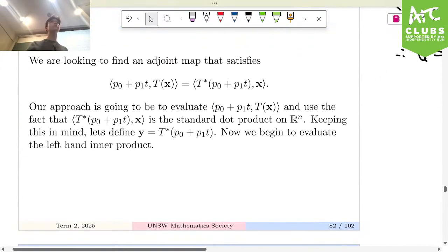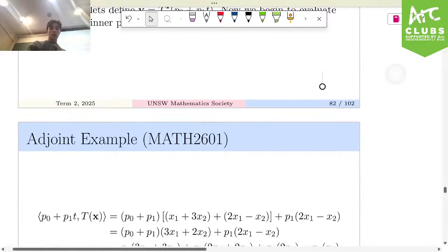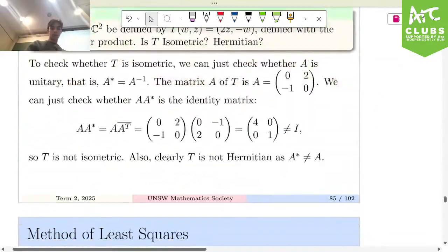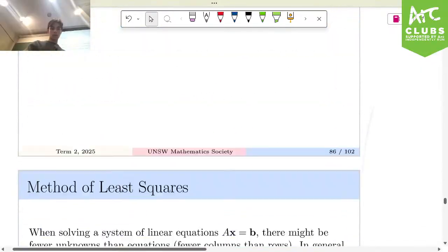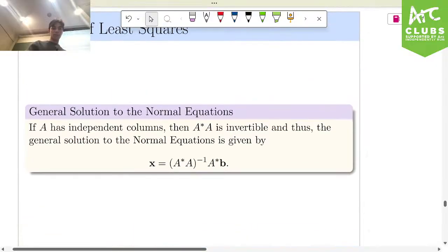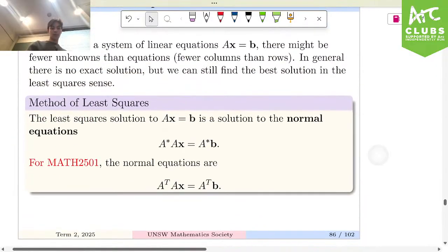So that's going to be 2601 content. Is the rest of the slides going to be 2601? There's later stuff on method of least squares that we can cover briefly. Because I do 251. Yeah.